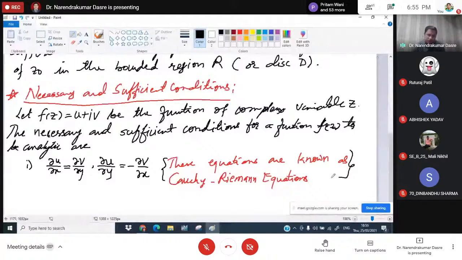See, these two equations are necessary but not sufficient. So there may be a function which satisfies the Cauchy-Riemann equations but may not be analytic. So these conditions are necessary but not sufficient. Then what is the next condition required?